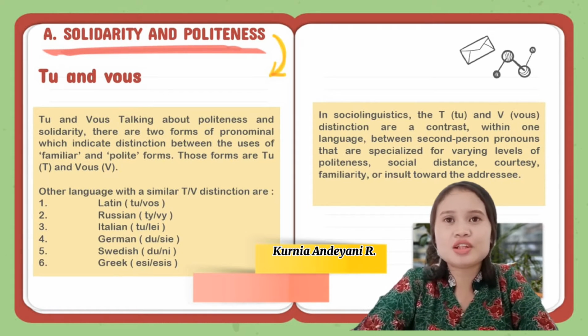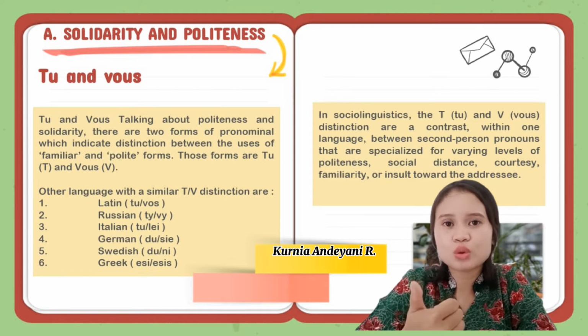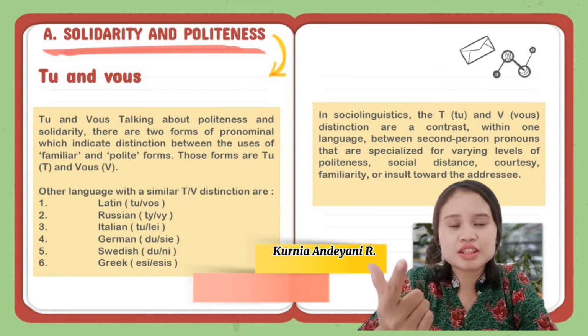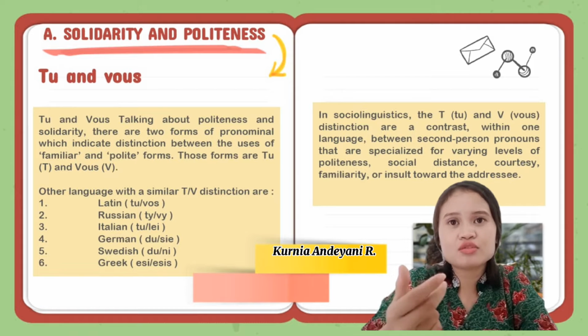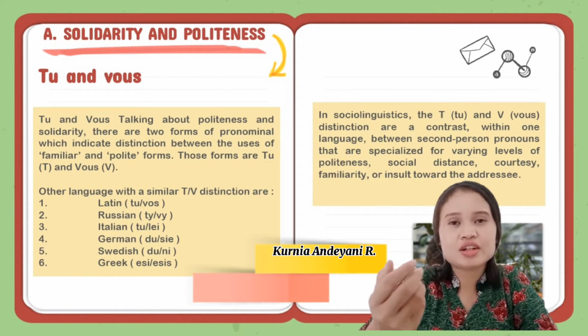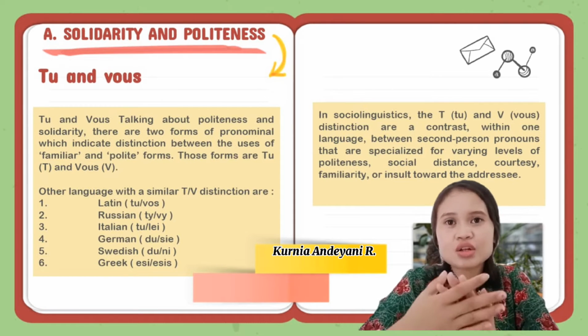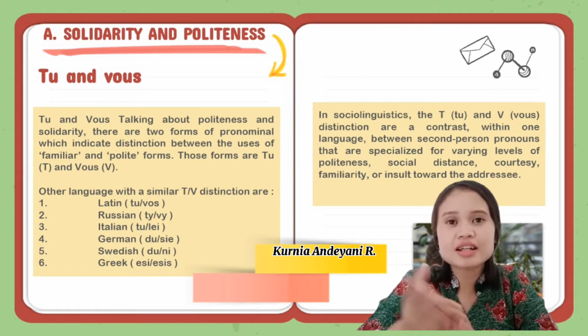For example, first Latin using tu or vos, second Russian using ty and vy, third Italian using tu and voi, fourth German using du or Sie, fifth Swedish using du or ni, and the last Greek uses esi and esis.